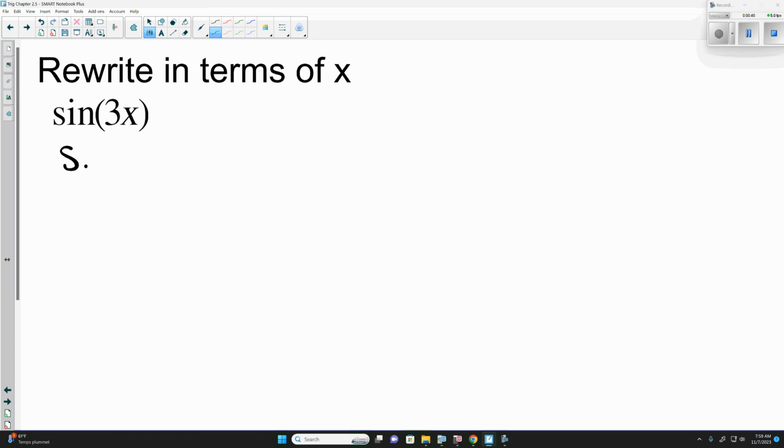Now what we can say is sine of 3x is the same as sine of 2x plus x. Now this will mean we're going to have to do multiple steps.